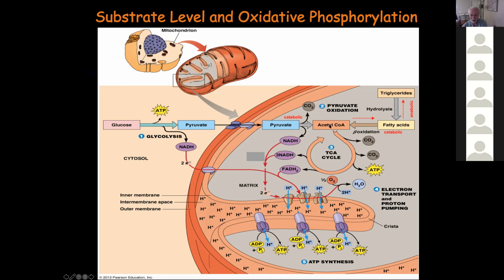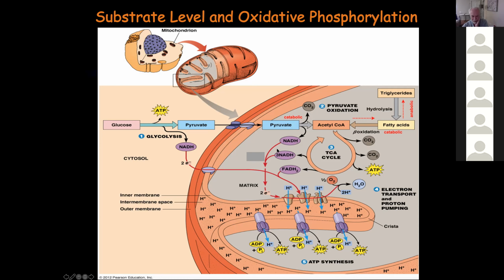And acetyl-CoA is the first step in the Krebs cycle, also called the TCA cycle. And we've just gone over the details of the Krebs cycle, where several molecules of carbon dioxide are generated, plus ATP, and a lot of reducing compounds, electron carriers carrying electrons and protons.